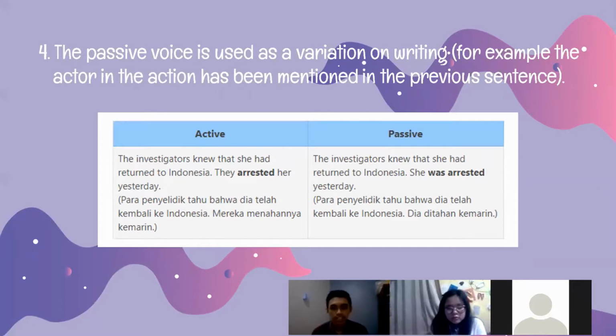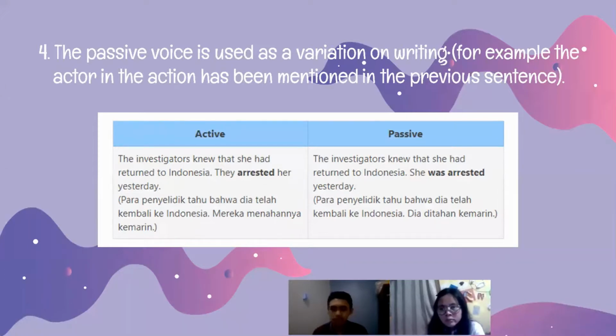We are going to change to passive voice: the investigators knew that she had returned to Indonesia. She was arrested yesterday. Jadi para penyelidik tahu bahwa dia telah kembali ke Indonesia. Mereka menahannya kemarin. Jika dirubah ke passive voice, dia ditahan kemarin. Jadi cuma membuat variasi kata.